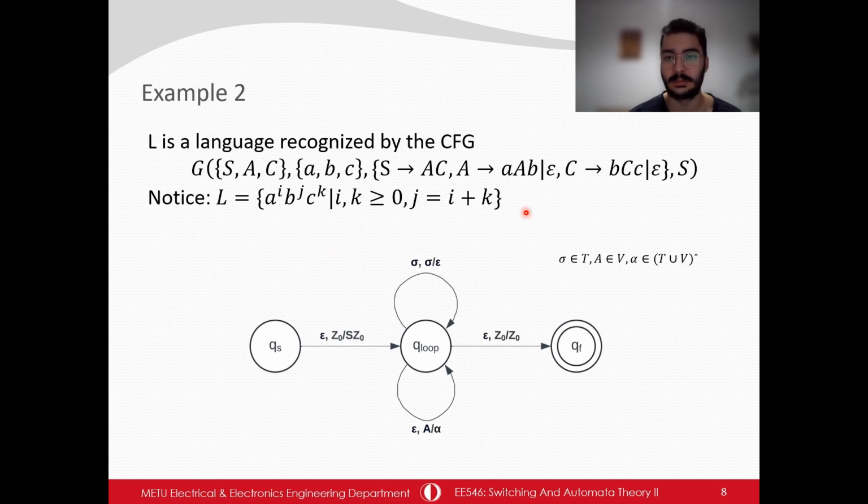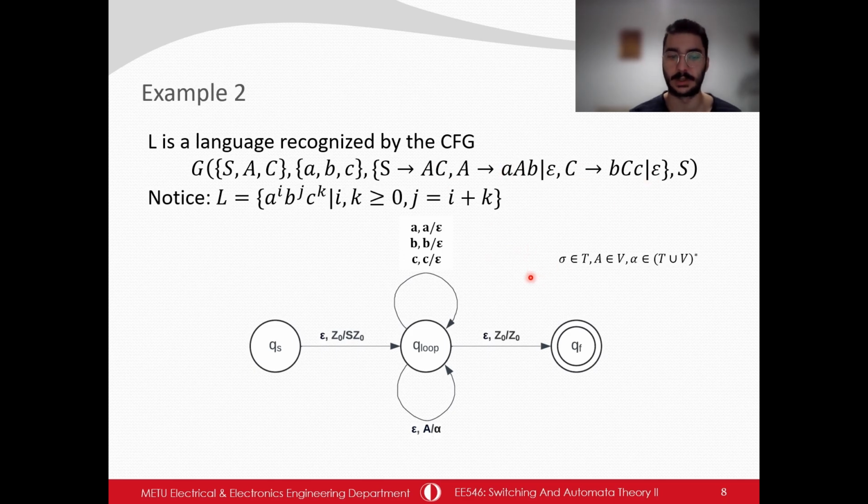How do we construct our PDA? Well, we don't touch the states, we don't touch these transitions, we need to populate these areas. How many terminal characters do we have? We have 3 terminal characters. Then we should have 3 transitions corresponding to each terminal character. How many production rules do we have? We have 5 production rules.